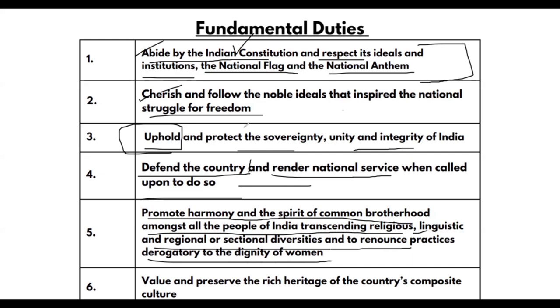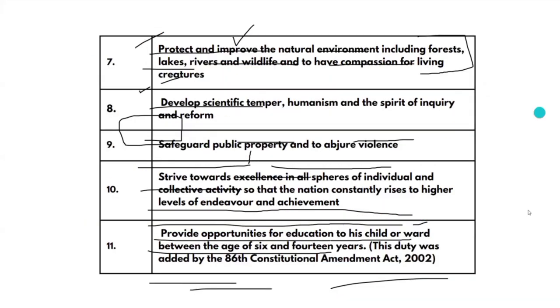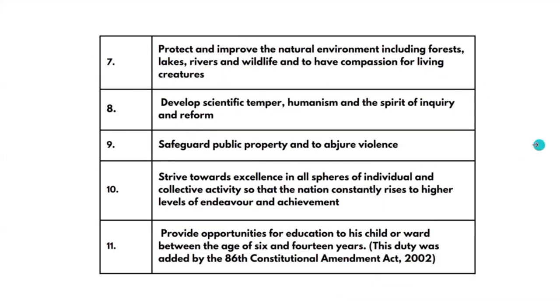Sixthly, value and preserve the rich heritage of the country's composite culture. In the country you are living in, that is India, you have to preserve its composite culture and value it. The seventh one is to protect and improve the natural environment, including forests, lakes, rivers, and wildlife.